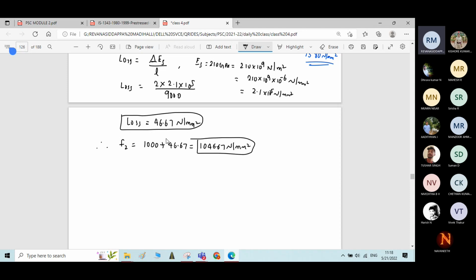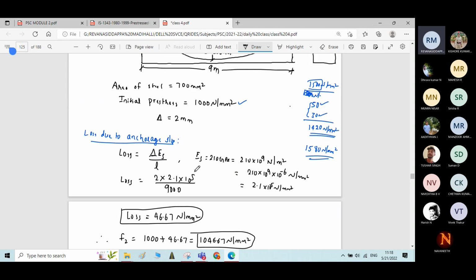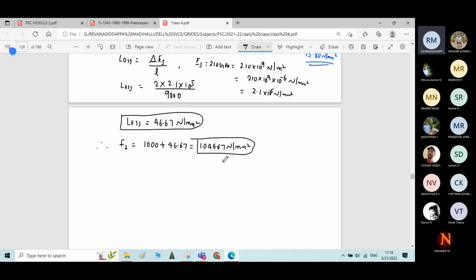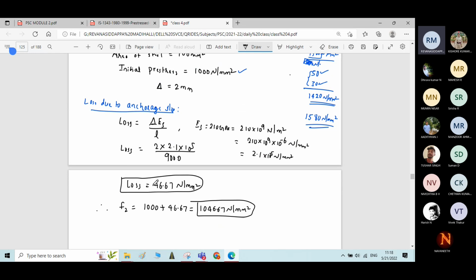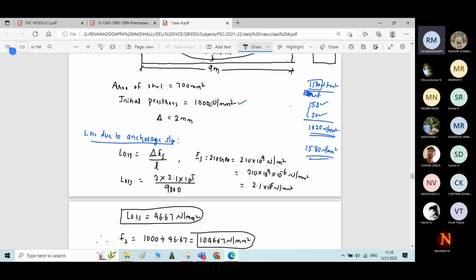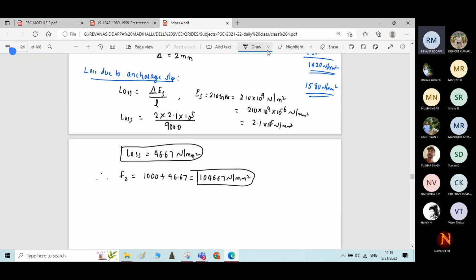This is for the loss due to anchorage slip. If you apply 1046.67 Newton per mm square as initial pre-stress, and the 46.67 goes as loss due to anchorage slip, you will get the same initial pre-stress, that is, it will remain as 1000 only. That is the meaning.